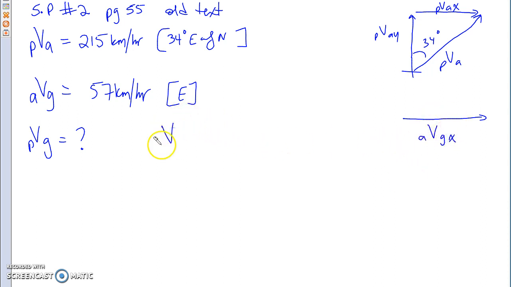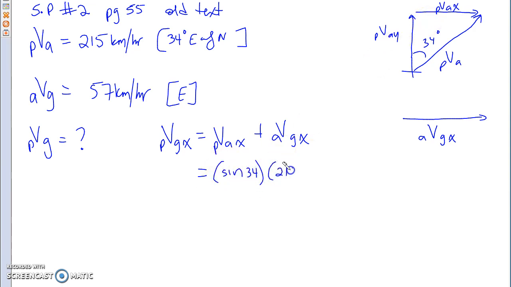So what we're going to end up having is VPGX, which is made up of VPAX plus VAGX. And you have VPAX is sine of 34 times 215 plus this, nothing we need to do anything here, so that's 57 kilometers per hour. That is going east. Of course, this is going east as well. So you can end up with a VPGX answer right here.